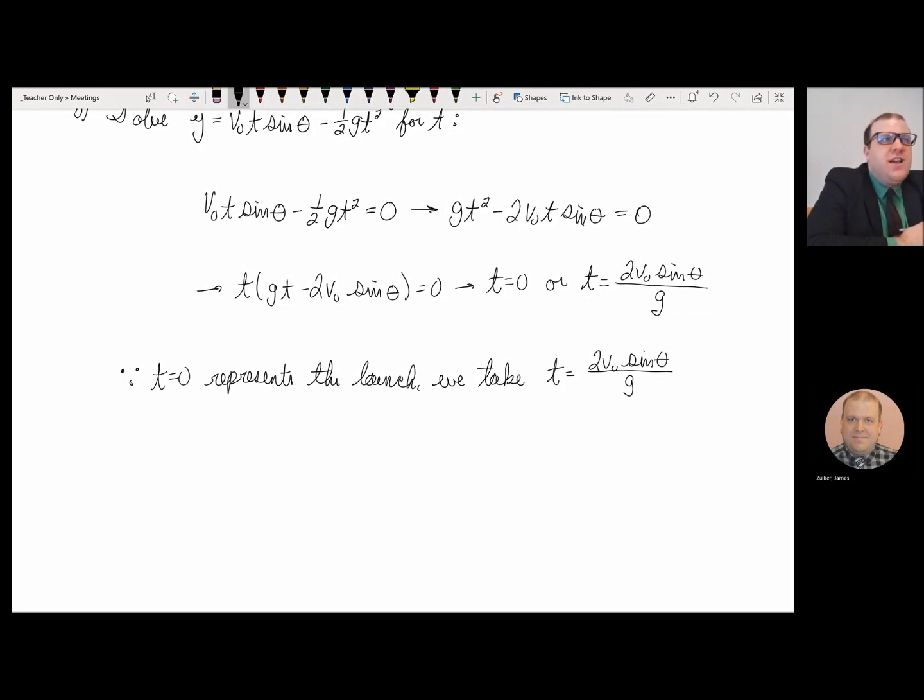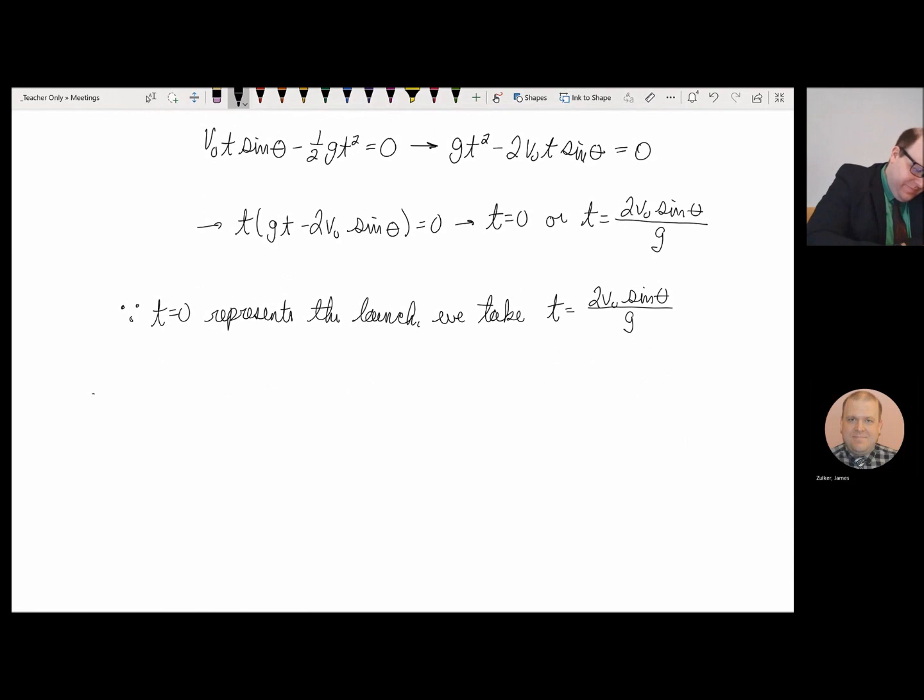So that is how long the projectile is airborne. Range is then just the horizontal distance covered during that time, and we just plug that t into the x component.